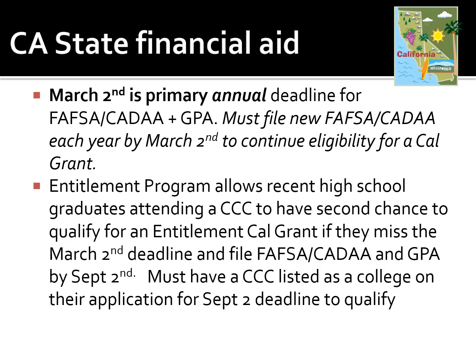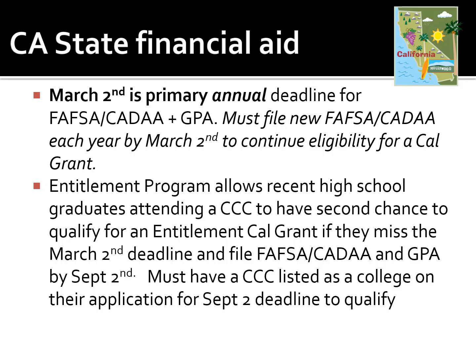And one thing to note is for the Cal Grant specifically, you do need to apply with the FAFSA or California Dream Act by March 2nd, and there also is a GPA component. So if you are at a high school, your high school will be sending your GPA in order to establish your Cal Grant eligibility.